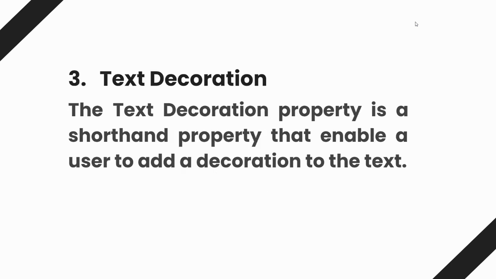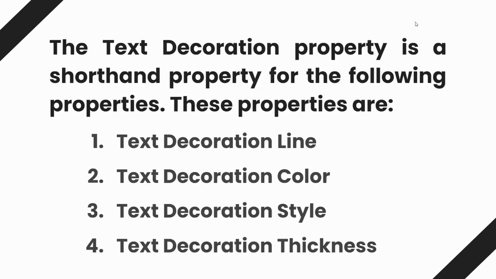The third property we have is the text decoration property. The text decoration property is a shorthand property that enables a user to add a decoration to the text. We'll be seeing more properties under the text decoration property. The text decoration property is a shorthand property for the following properties.